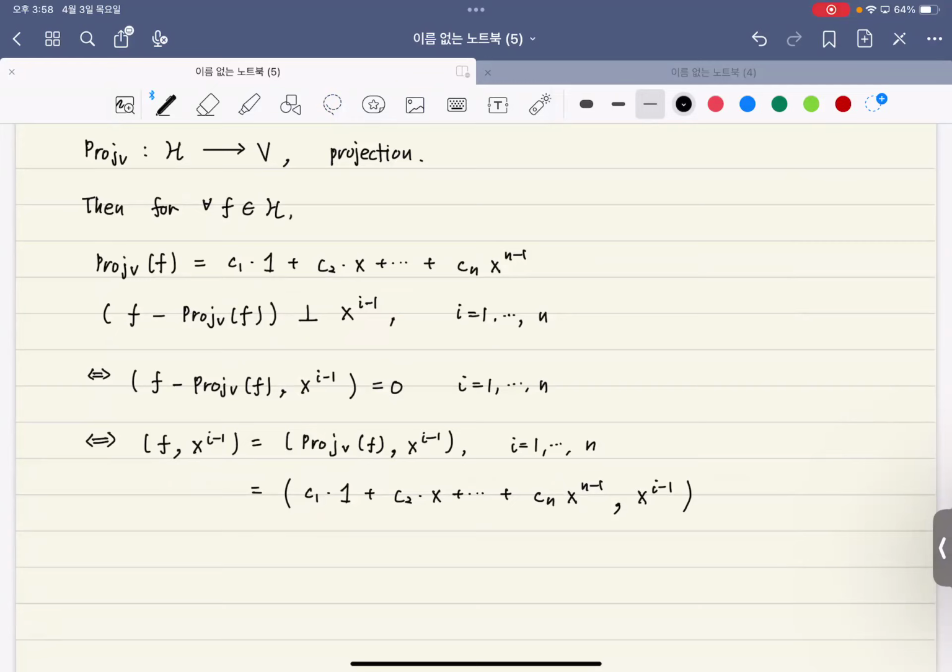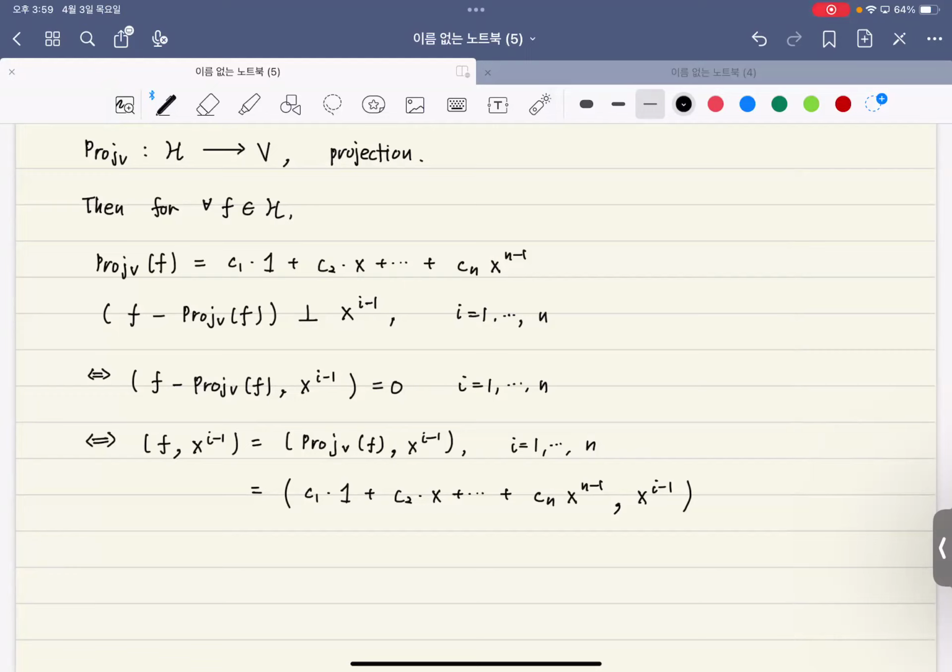Now things are getting slightly trickier than the previous case, the Fourier series case. What makes this one trickier? In the case of the Fourier series, our basis vectors were orthogonal, which were sine kx and cosine kx.